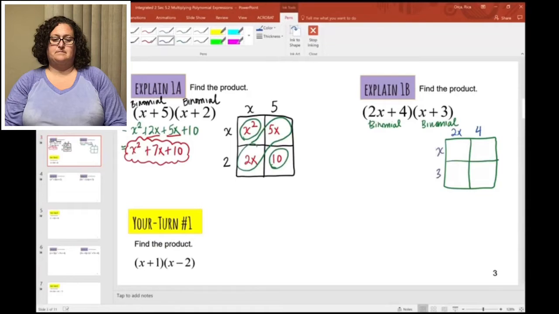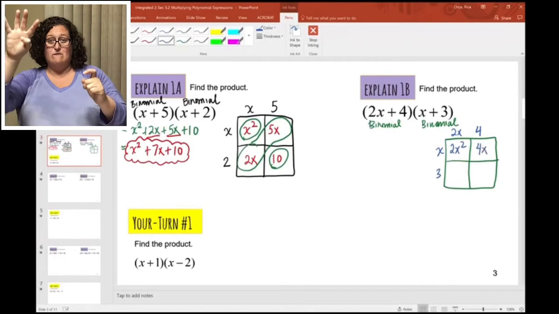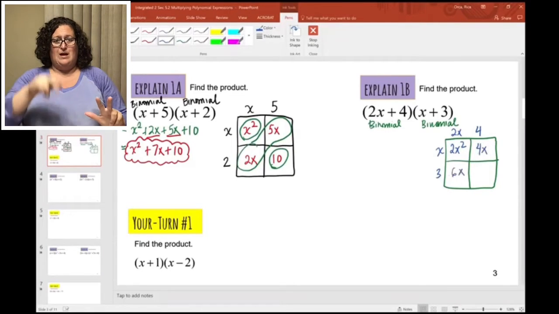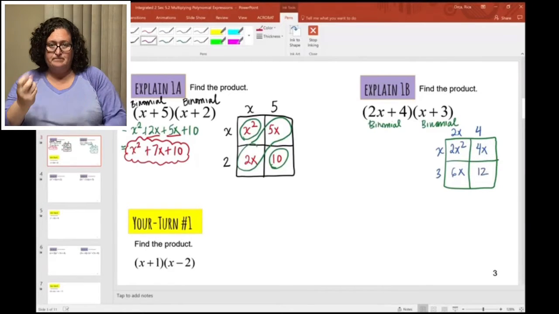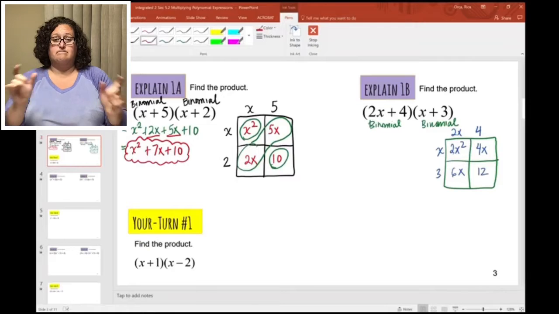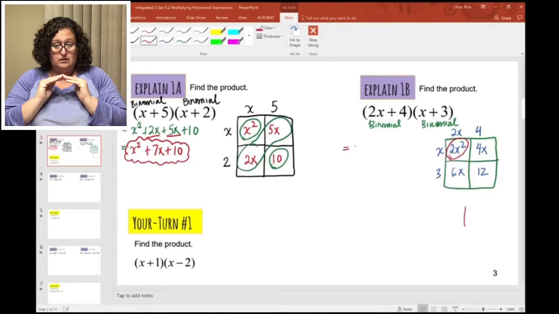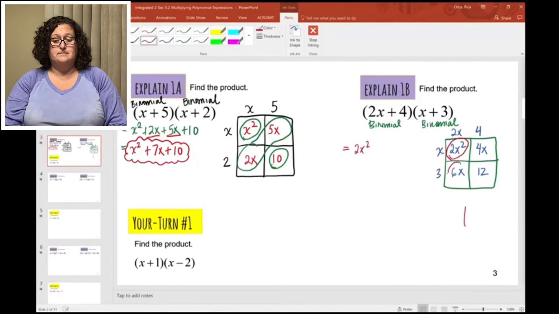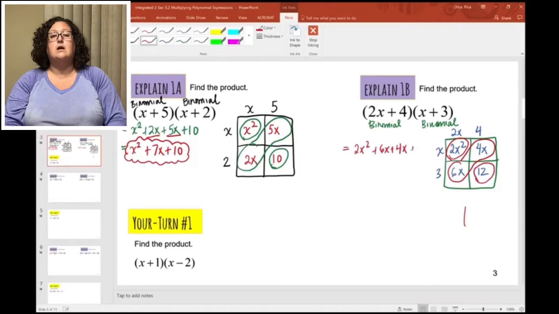Now let's fill in the box. X times 2x is 2x squared. X times 4 is 4x. 3 times 2x is 6x. And 3 times 4 is 12. Let's combine like terms. 2x plus 4 times x plus 3 is equivalent to 2x squared plus 6x plus 4x plus 12.